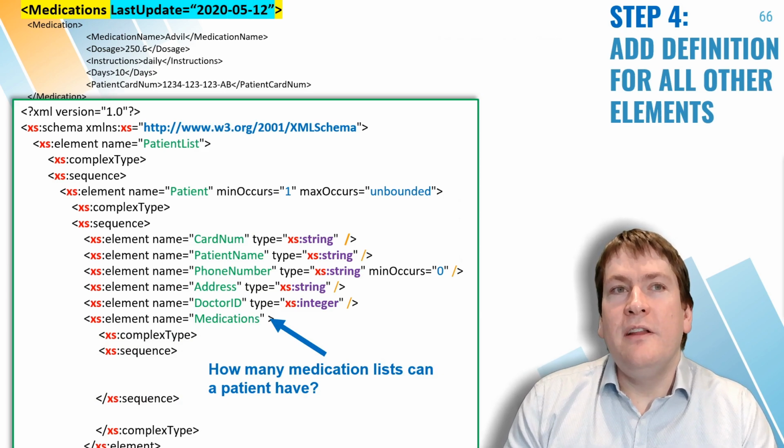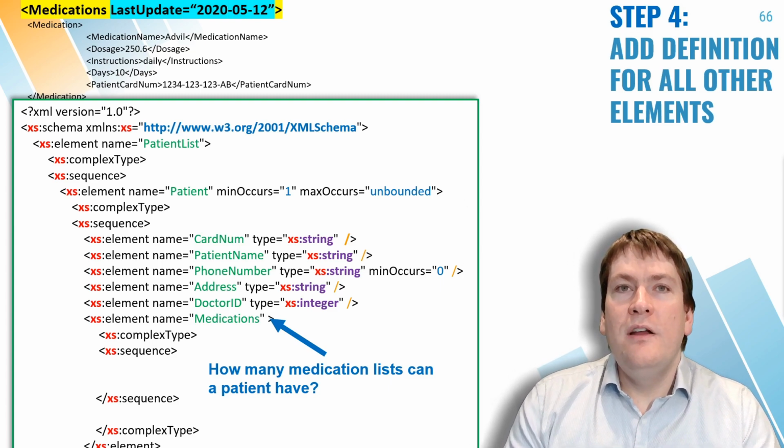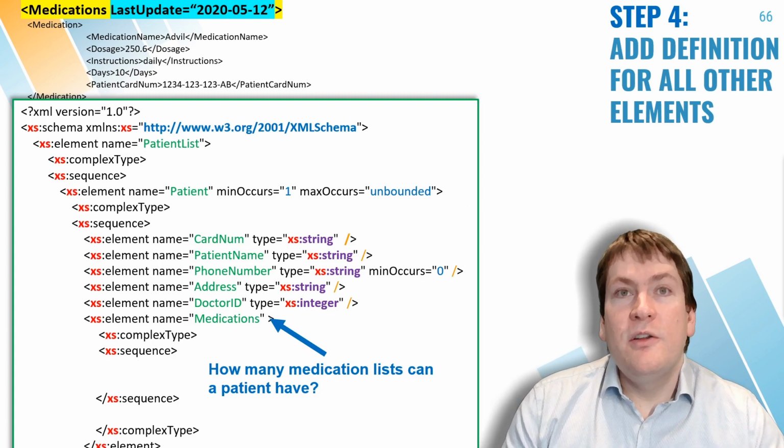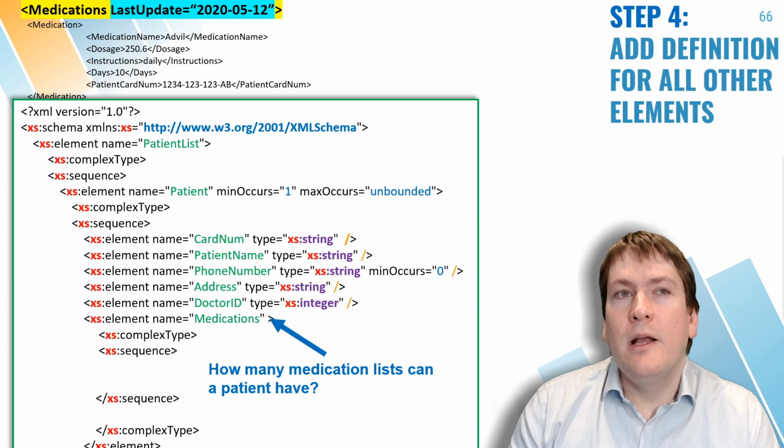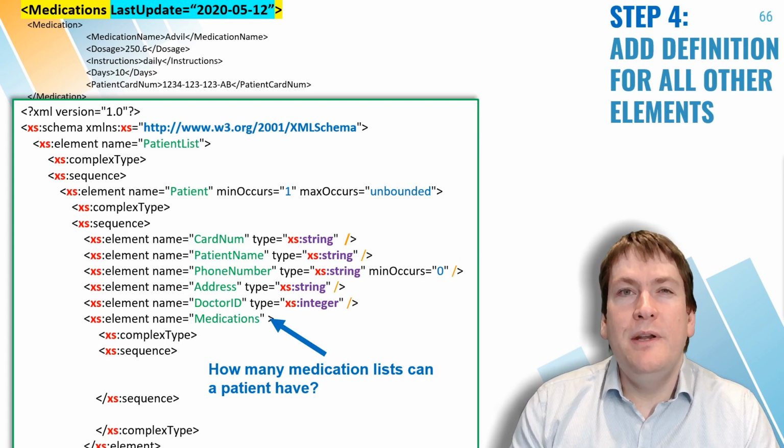So the real question is, how many times can the medication list occur? This is a good question, so I recommend pausing the video and trying to think about it. How many times can a medication list occur for each patient? It's a bit of a tricky one.